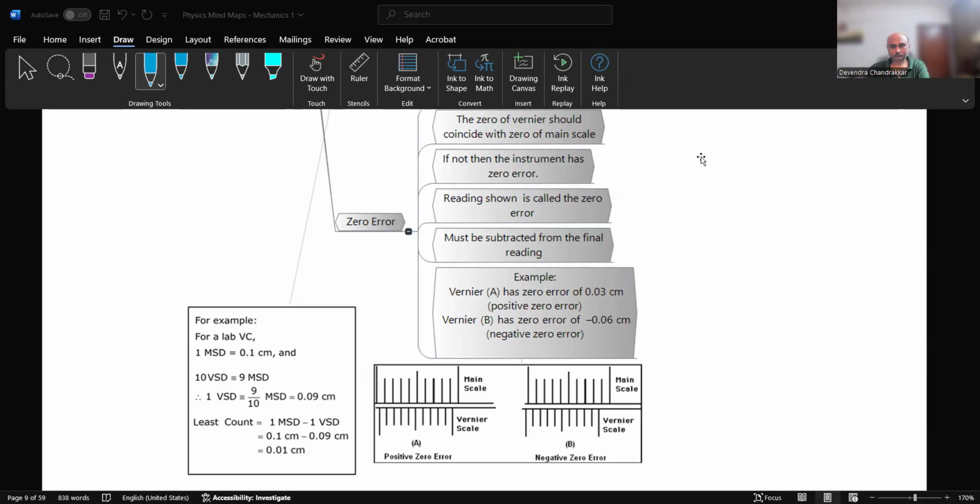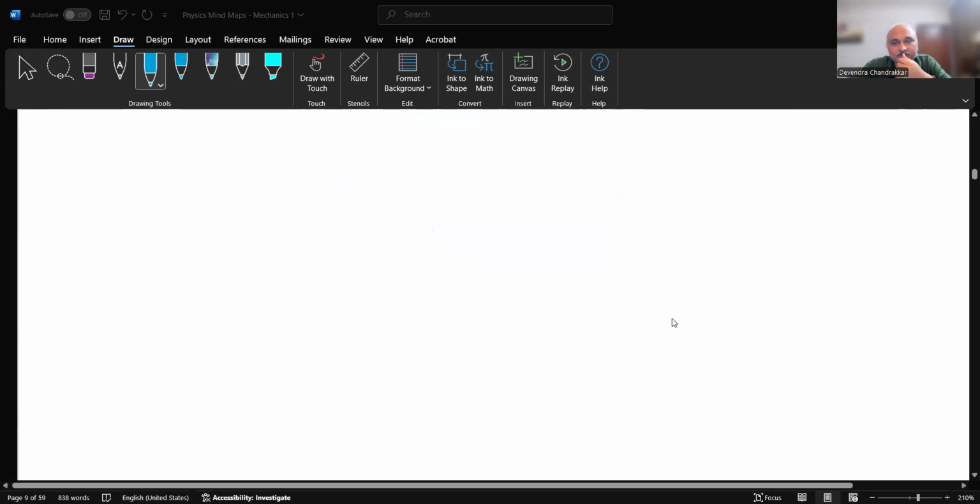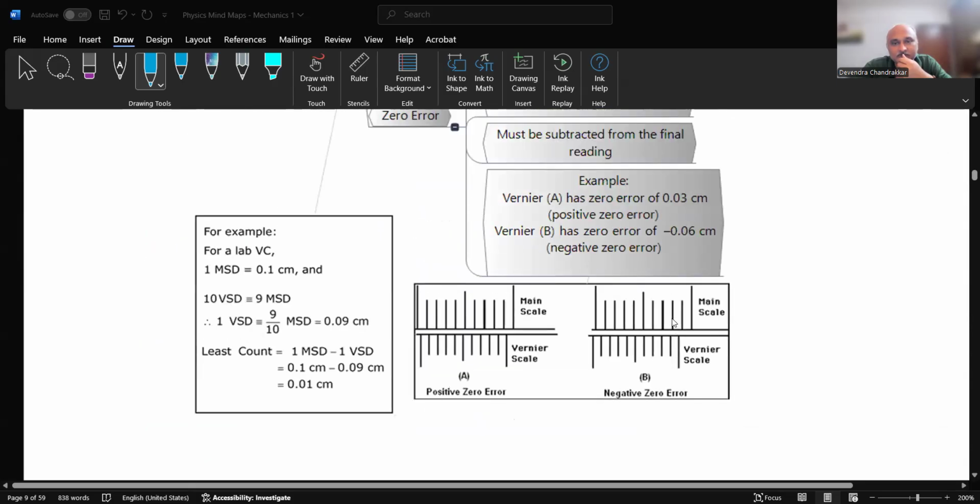Sir, done. Sir, can you zoom in on the diagram? Thank you, sir. You're welcome.